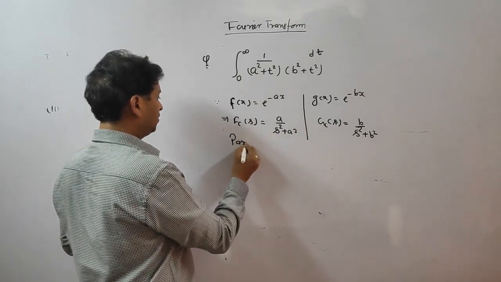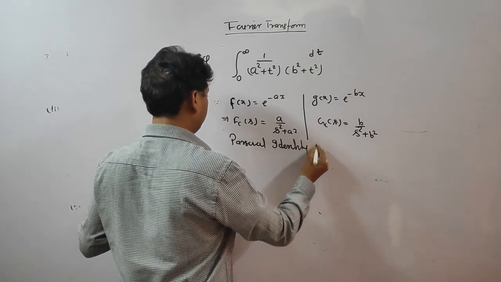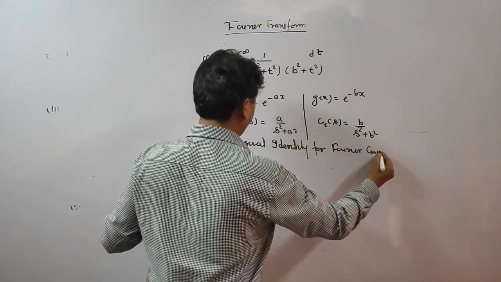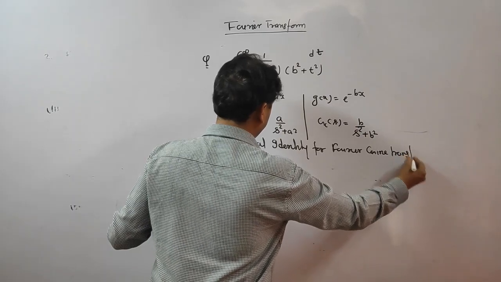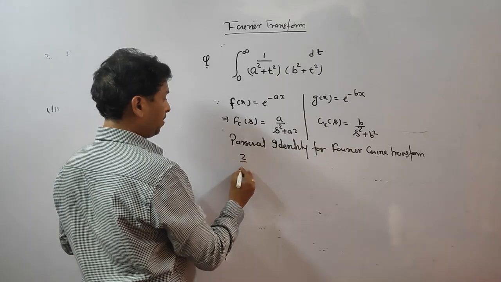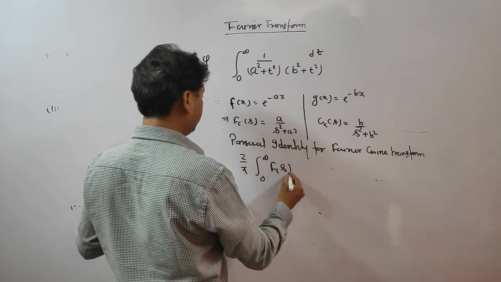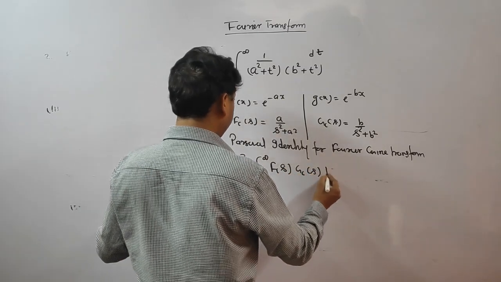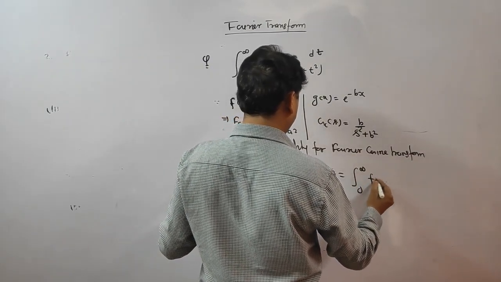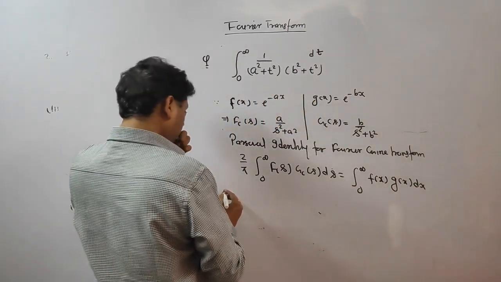So the Parseval identity for the Fourier cosine transform is 2 upon pi, integral from 0 to infinity of Fc(s) Gc(s) ds is the integral from 0 to infinity of f(x) g(x) dx. So just put the values.